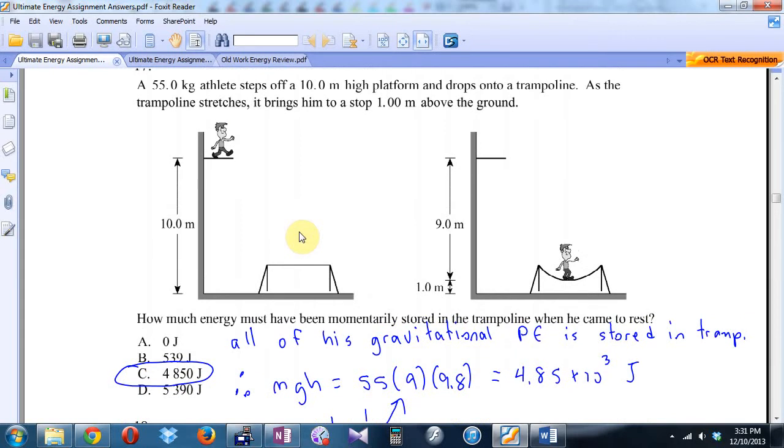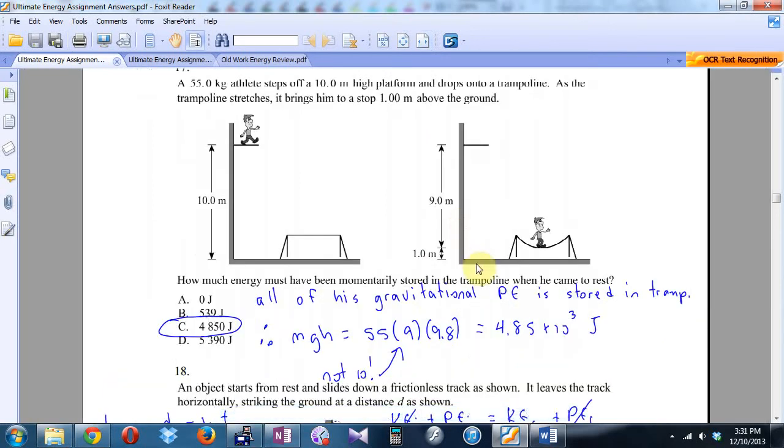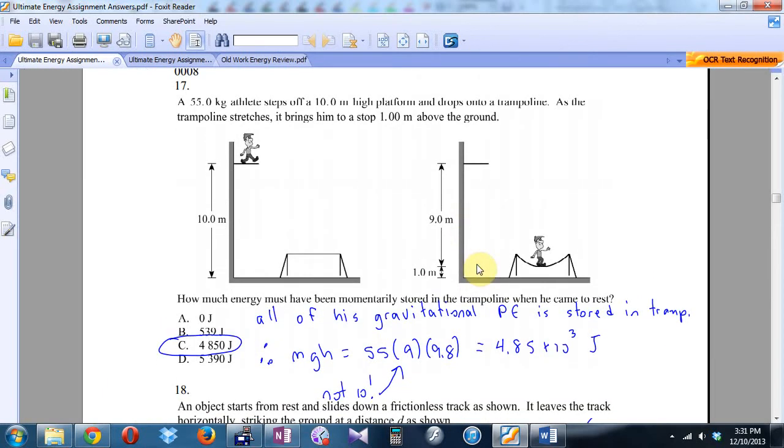17, I was trying to think of a nice way to write this mathematically, and I just couldn't quite see it. So here's what I wrote. I said, look, as far as I can tell, all of his gravitational potential gets stored on the trampoline when he lands. It's kind of potential becomes potential. I said all of his gravitational potential energy is going to get stored in the trampoline, and it would then turn into kinetic, and I could do something with it.